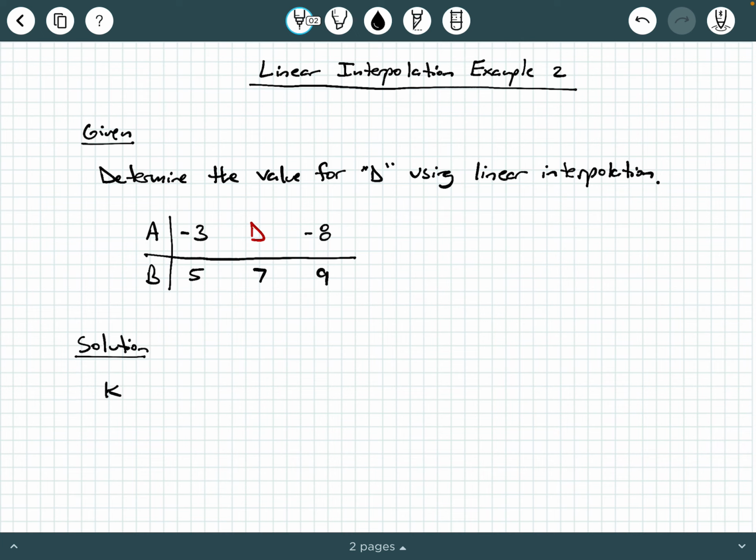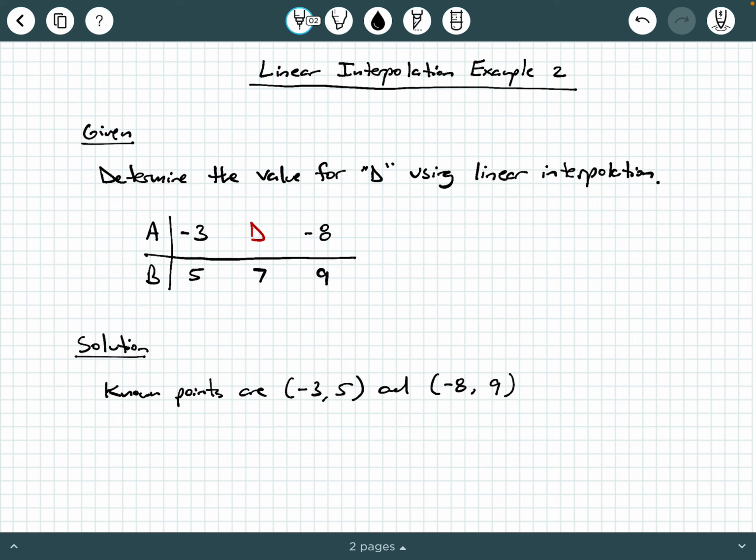So known points are -3, 5 and -8, 9. Now here's something interesting. Because this is in tabular form and we're just developing a linear relationship, we could actually flip-flop each of these 2 points and we would get the same answer. So watch this.